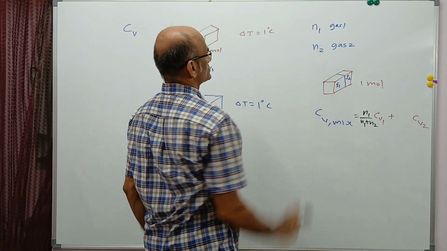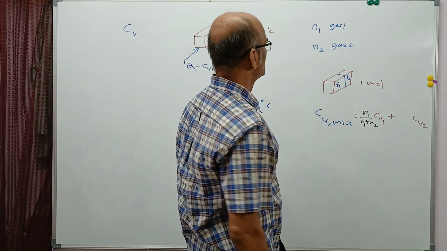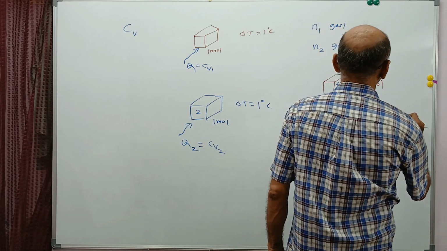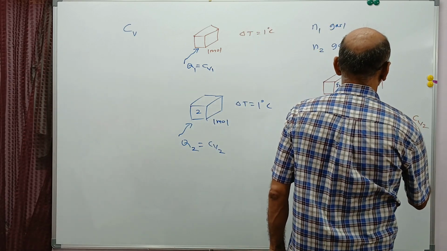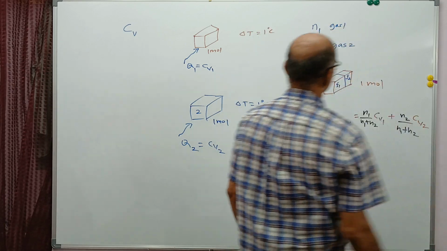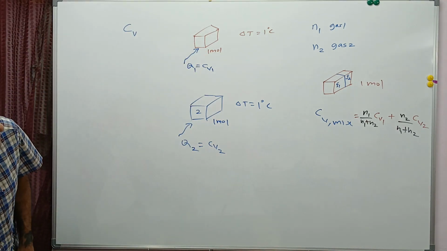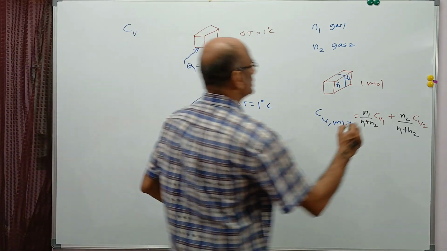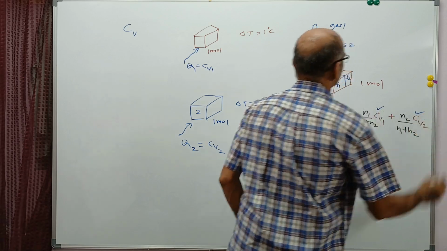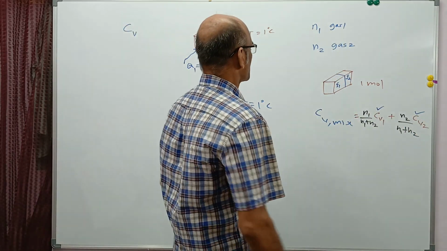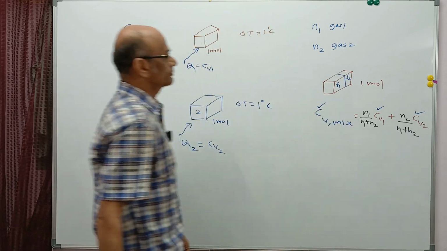N1 is the number of moles of gas 1, N2 is the number of moles of gas 2, and the number of moles of the mixture is N1 plus N2. And the weightage of CV2 will be N2 by N1 plus N2. So if gas 1 and gas 2 are known, then CV1 and CV2 are known. And if I know how the mixture is made, I can find out CV of the mixture.